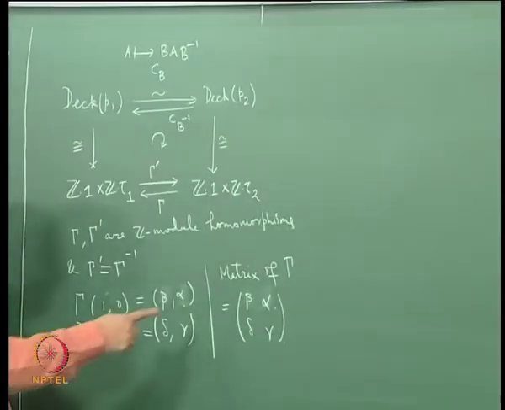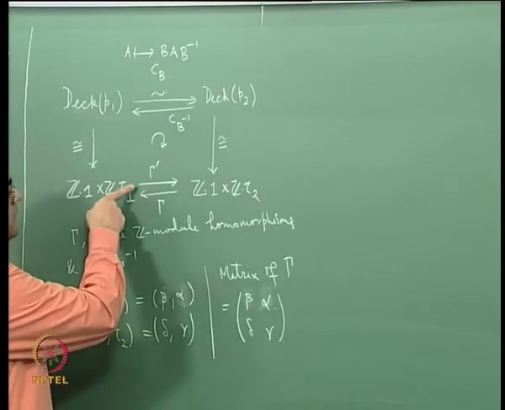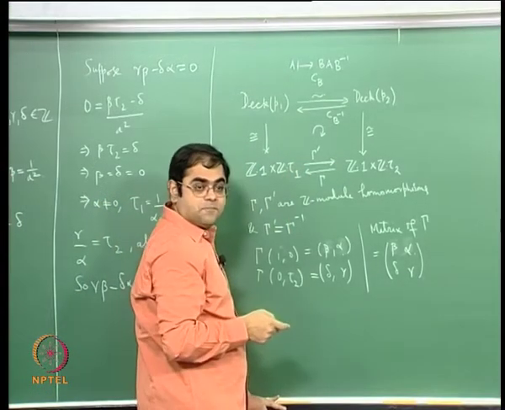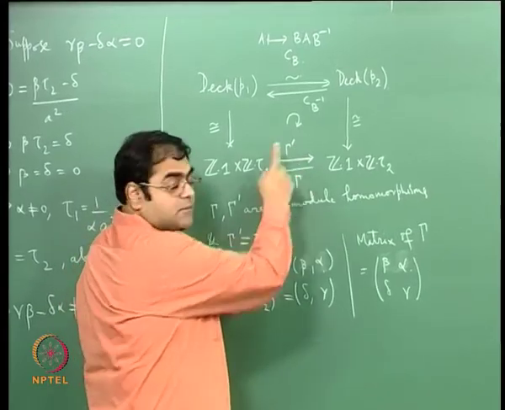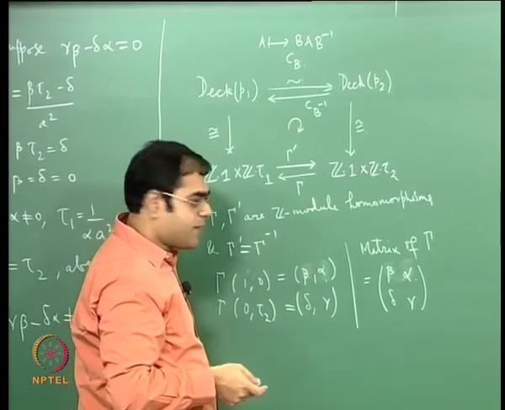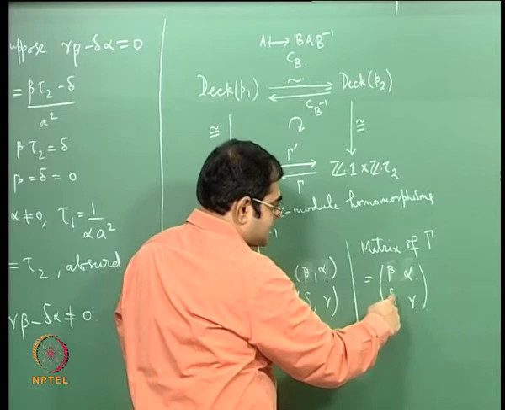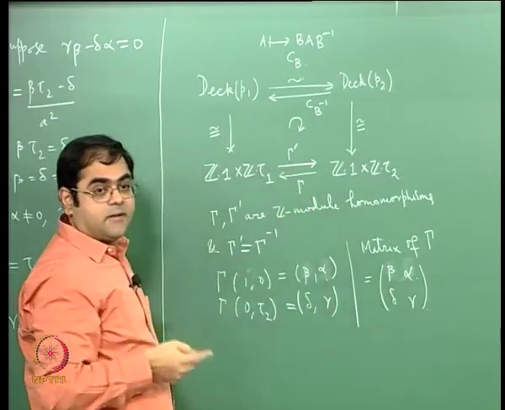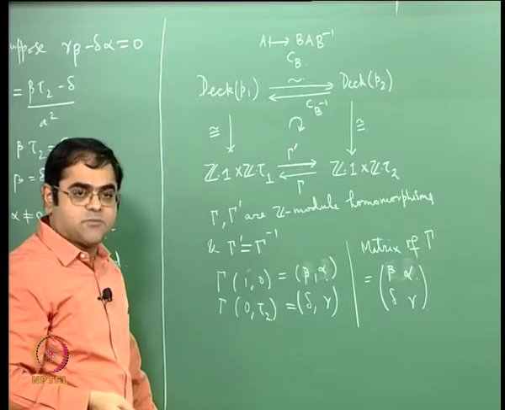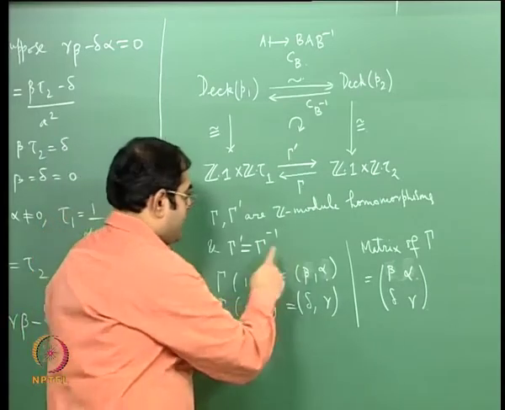And for gamma prime also similarly you will get a matrix with integer entries, alright, and the whole point is gamma and gamma prime are isomorphisms, they are Z-module isomorphisms, okay.